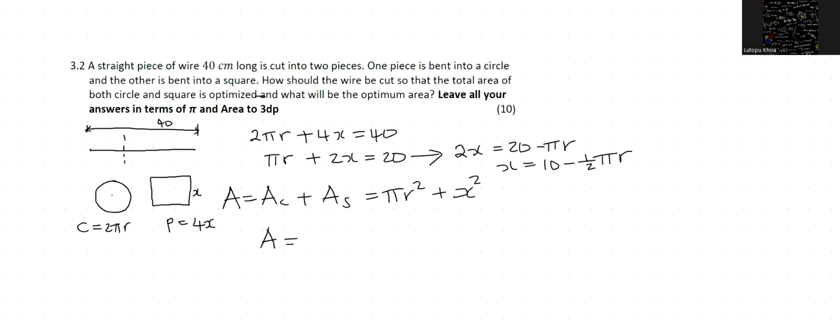Then we'll come back and substitute here. We have pi r squared plus (10 minus a half pi r) squared. So this is pi r squared. When we square this, write them next to each other.